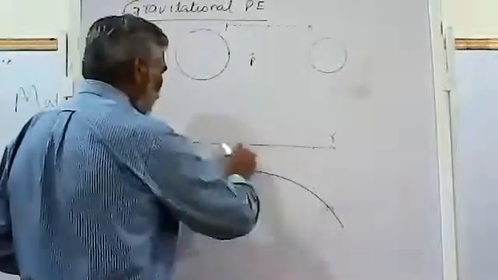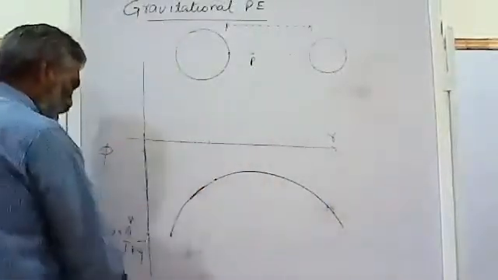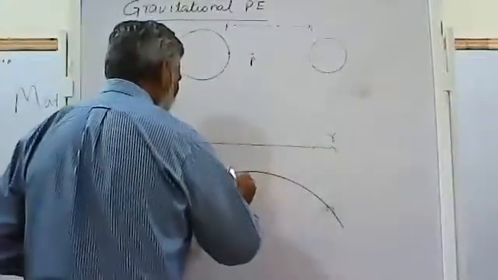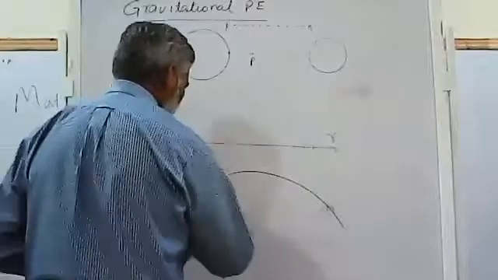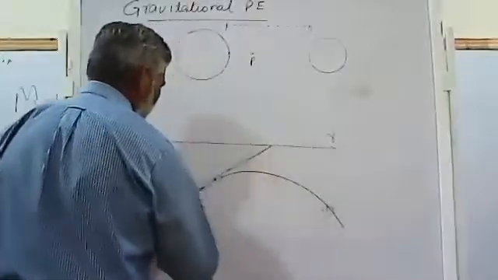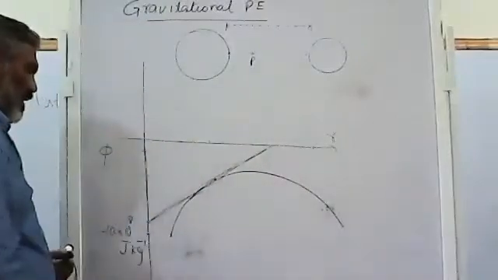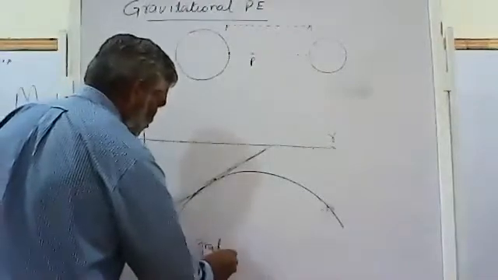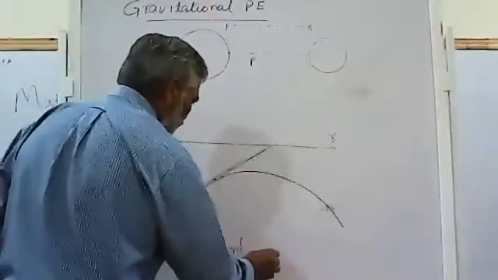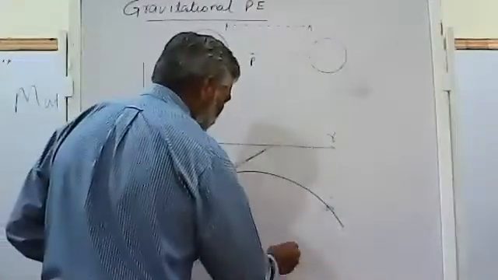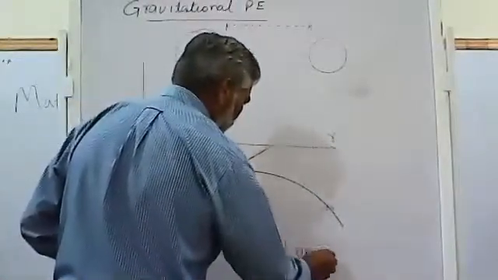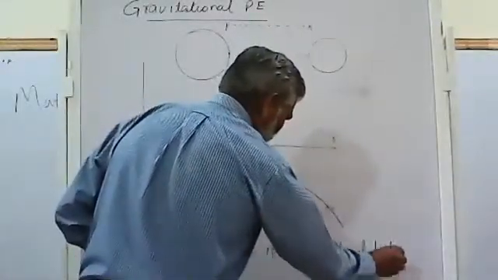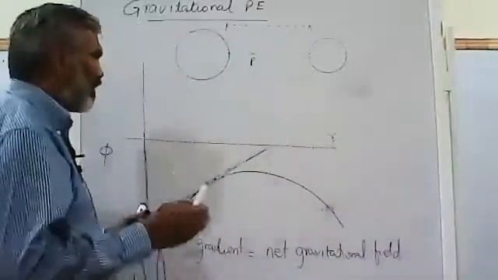If I know all these values of distance and I know all these values of the potential on this side, and I draw a tangent here, this tangent obviously gives me the gradient, and the gradient will be equal to the net gravitational field, which is the value of g between the two planets.